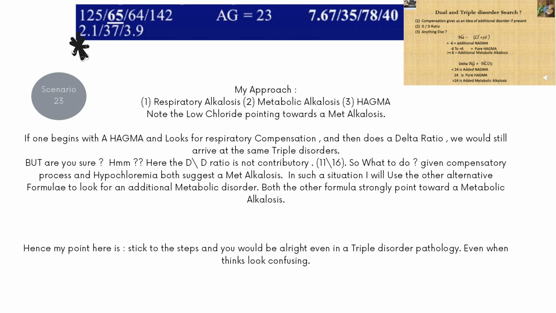In such situations, if you come through the Anion GAP pathway with primary metabolic acidosis as your primary diagnosis, then I would suggest that you use the alternative methods to confirm or to exclude the presence of a metabolic component here, that is metabolic alkalosis. So if you actually follow the steps that I have been talking about all through, you would reach the triple diagnosis within no time.